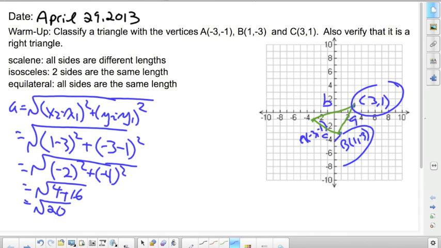Okay? If you're going to leave your answer as a radical, it'd be nice to simplify. I'm not going to make it a requirement, but once you get into grade 11, you'll be working a lot more with radicals, and I do expect you to simplify them. So this works out to be square root of 4 times 5, which gives me 4 times root 5, which gives me the final answer 2 root 5.